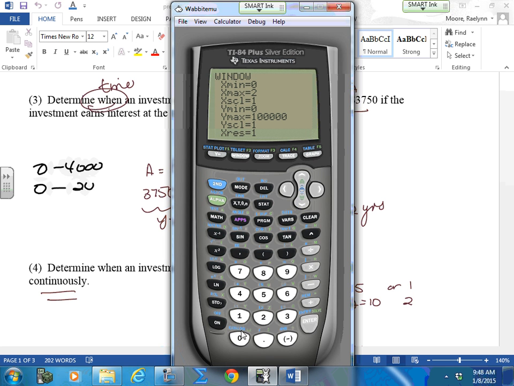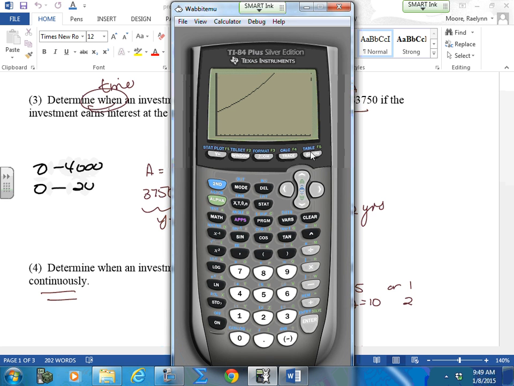So I'm going to make it 20 years. If I make it 10, I can always go change it if I don't see them intersect. I'll make this 4,000, just slightly more than that. There's my interest accumulating here over time.